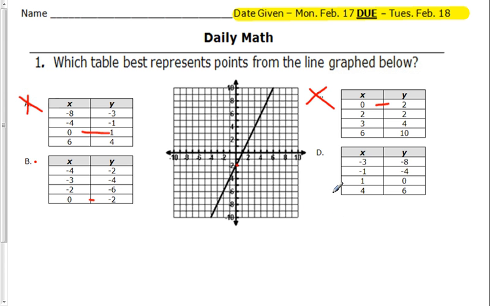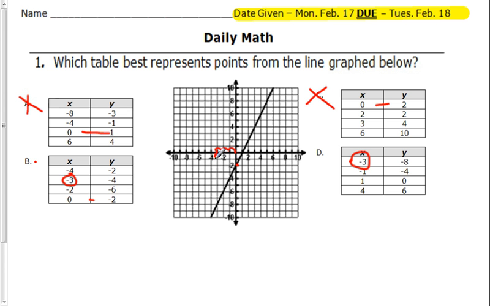If I look, the only other answer choice they have the same is negative 3. D has negative 3 and B has negative 3, but they both have a different Y value. So I'm going to find X, I'm going to find negative 3. I'm going to count back 3: 1, 2, 3. And I want to go all the way down to where I hit the line.